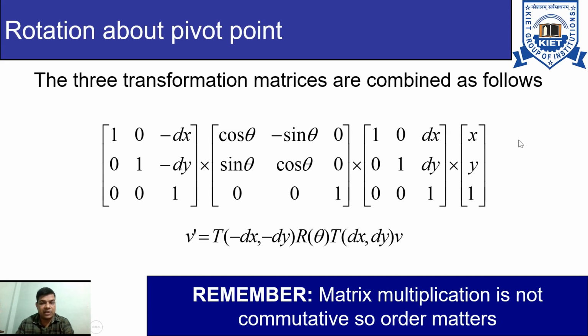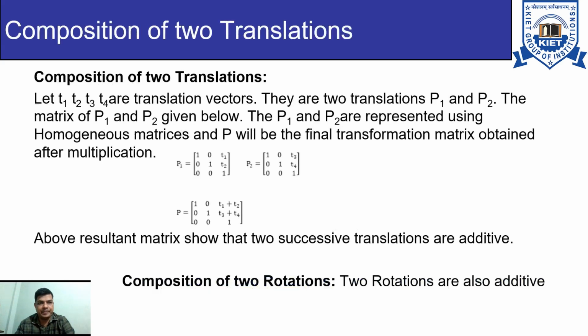If the object is a triangle, I write x1 y1 1, x2 y2 1, x3 y3 1. So we are representing the object matrix as a column vector. Keep in mind that matrix multiplication is not commutative, so the order of matrices is very important. That means A into B is not the same as B into A.